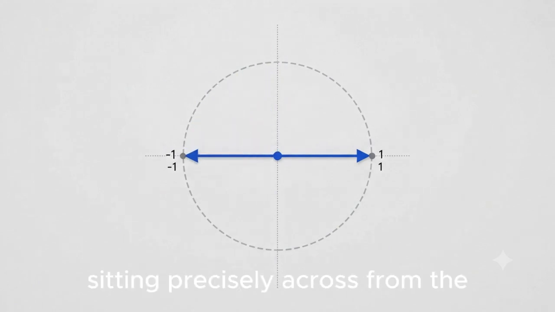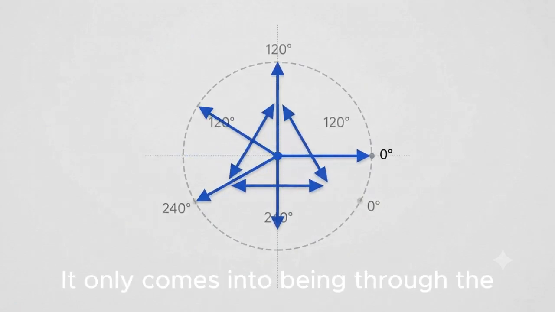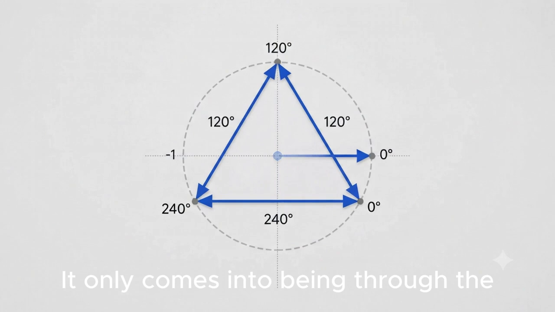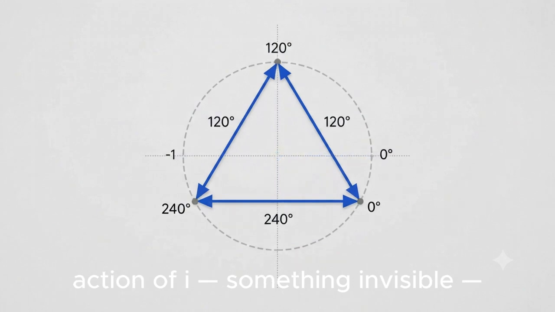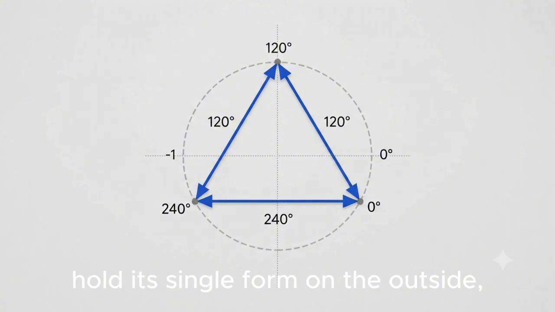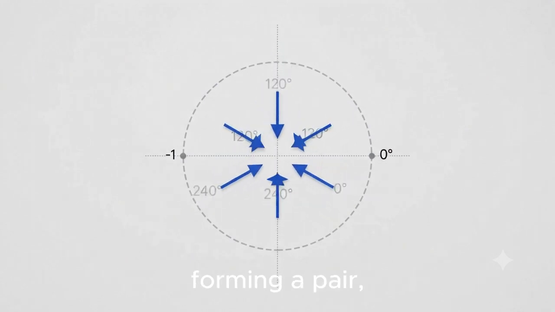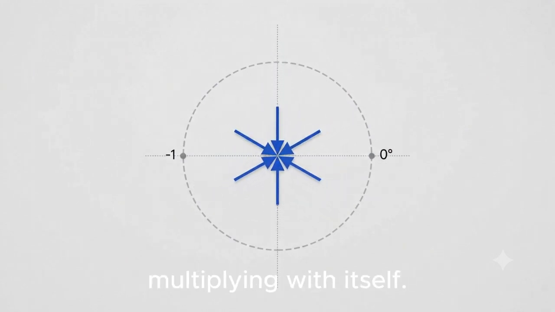That opposite, sitting precisely across from the visible one, isn't simply there on its own. It only comes into being through the action of i, something invisible, multiplying itself. Which means, for anything visible to hold its single form on the outside, there has to be something on the inside forming a pair, multiplying with itself.